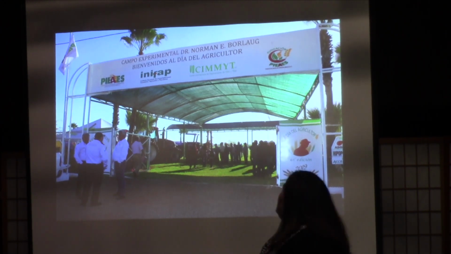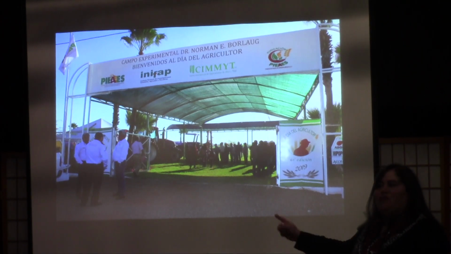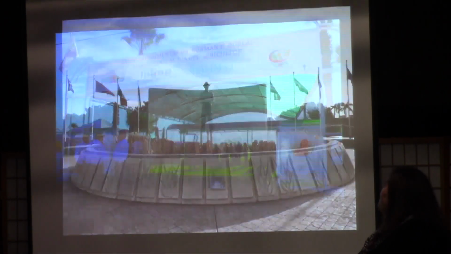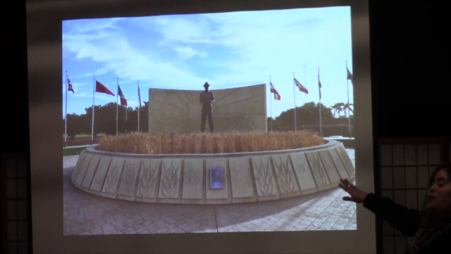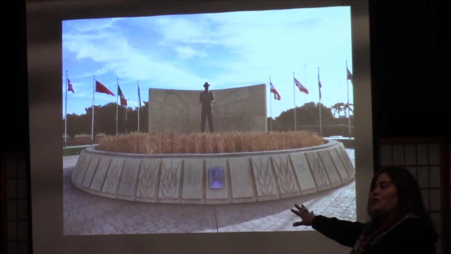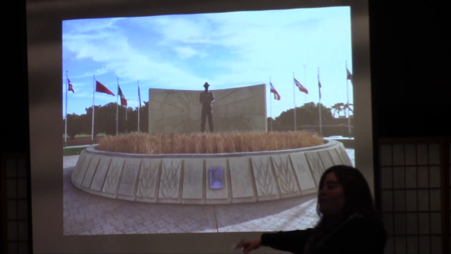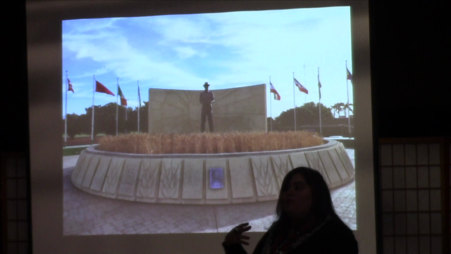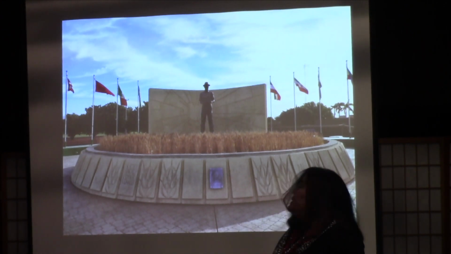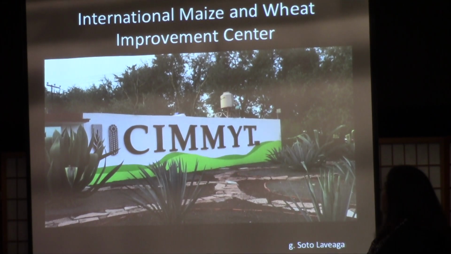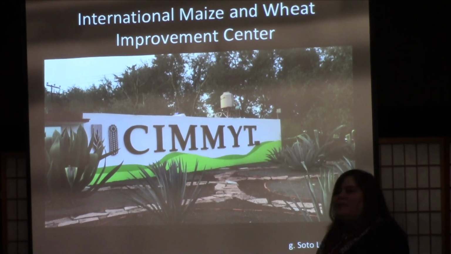But it's very difficult to move outside of his shadow if you're trying to tell a very different story. In that research station, a third of his ashes are buried. And when you walk into the research station, this is the monument that you see. All the flags of the world with the wheat, and in the back, there's a small box containing his ashes, or a third of them. So what happened?